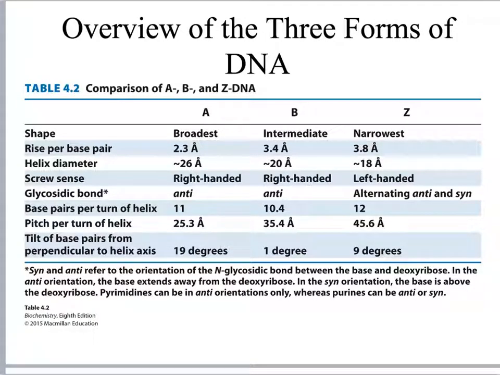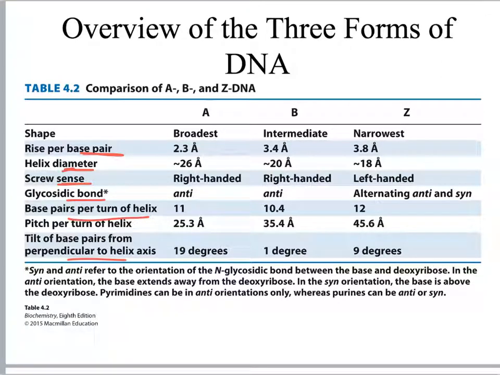This is just providing an overview of the different forms. In terms of the rise per base, so the distance between the bases here, the overall diameter of the helix itself, screw sense, is it right-handed or left-handed, what type of glycosidic bond is there, how many base pairs per turn of the helix, and what the pitch is per turn of the helix, and then that tilt from that axis.